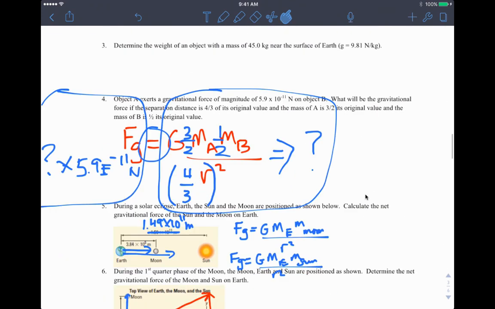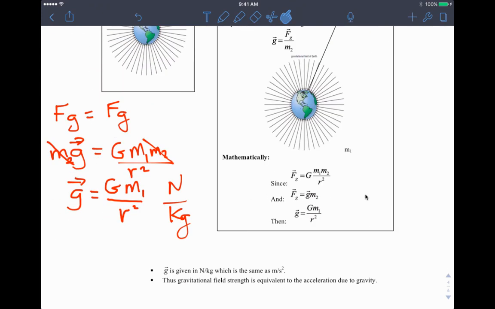So let's come back to that, which is what I was emphasizing. If you're catching that, newtons per kilogram is the same as meters per second squared. So when we use 9.81 meters per second squared, you can really say that that's 9.81 newtons per kilogram. So we can calculate the gravitational field strength if we just know the distance from the center of M1 out.